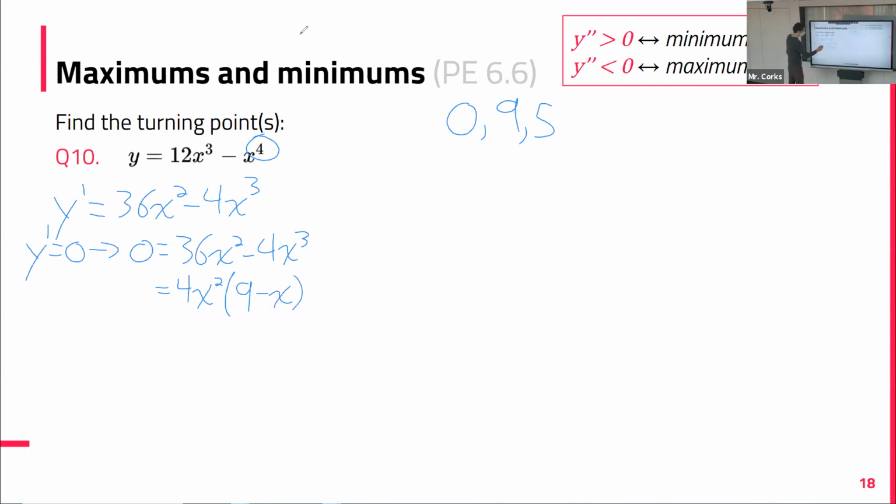So just in case any of you are tempted to say, well, common factor of 4x squared, so just divide and we're left with just 9x squared. Don't do that, because if we did that here, we would forget that x equal to 0 is one of the roots. So we just factor it out, but don't eliminate it.